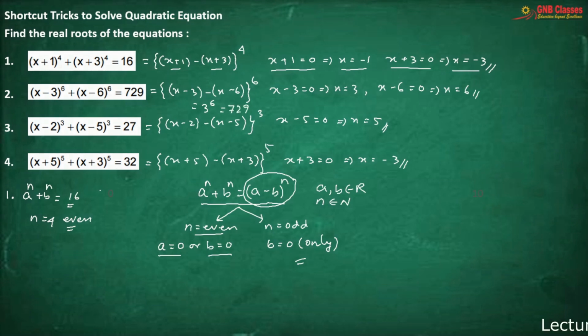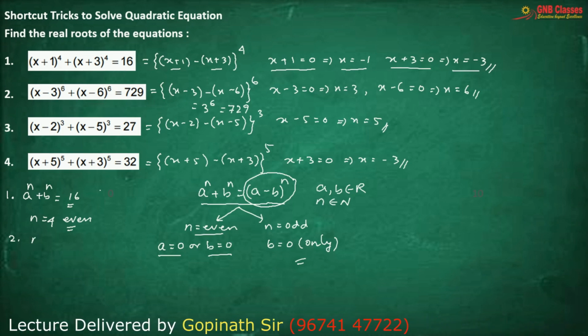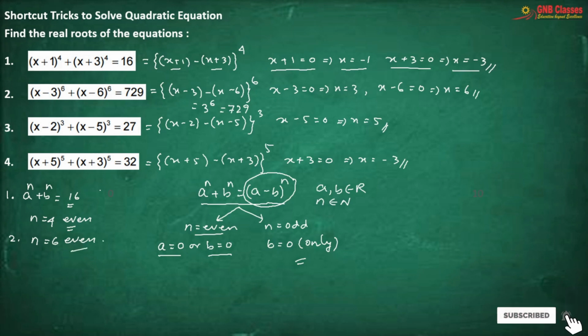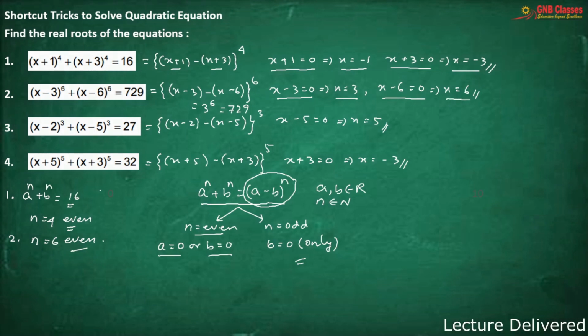Yes or no? So for the second case, we have to only observe what our n is. Here n is 6, which is even. Therefore my answer will be either a is 0 or b is 0. That's exactly what I have done here. Here x minus 3 is 0 implies x is 3, and x minus 6 is 0 implies x equals 6. That's it. Is it clear?